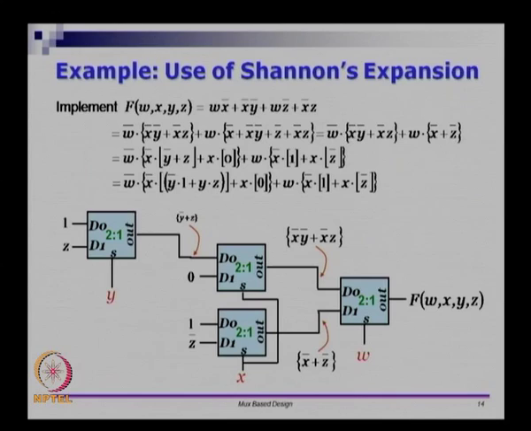So, we have used Shannon's expansion, and what we have done is we have first removed w from it, then we have removed x from it, and in this one we have removed y from it. So, this will be only a function of z and 1, this will be a function of only y, z and 1 and 0. Here you will have a function of x, y, z and 1 and 0, and in some examples you may also get 1 and 0 here. So, this is the use of Shannon's expansion.